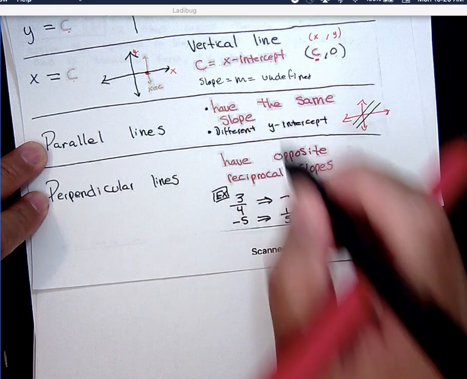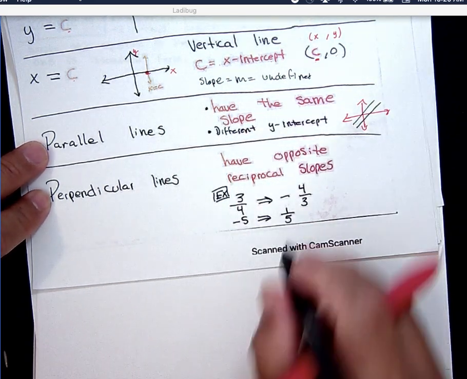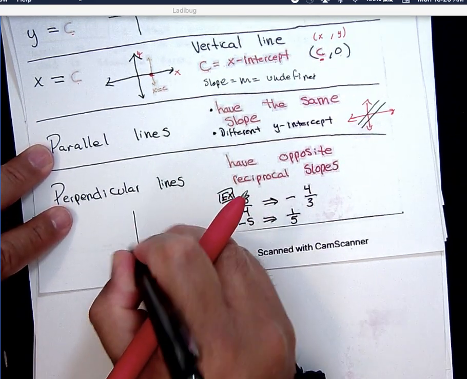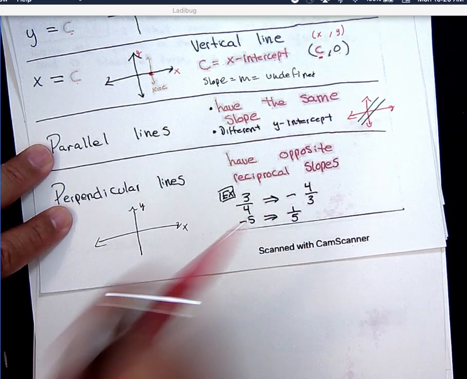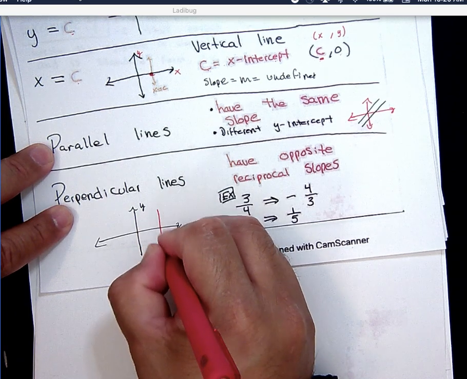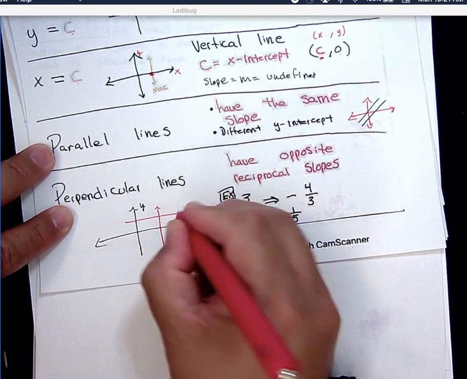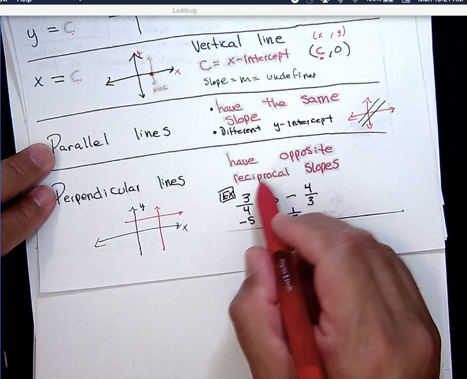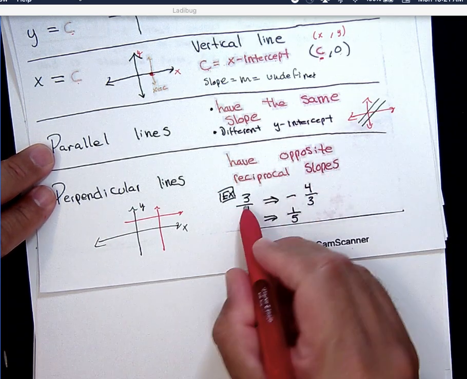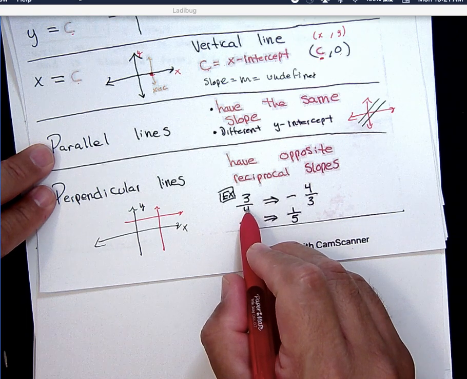They have the same slope and different y-intercepts. For perpendicular lines, it would be something like this. These lines have opposite reciprocal slopes, and those are examples of opposite reciprocals.